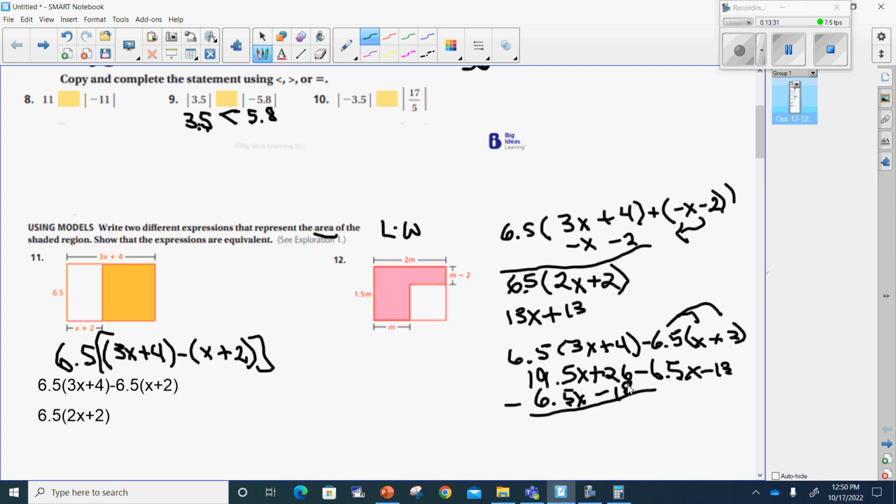This is going to give me, let's see, 8. Okay. Make sure I'm doing this right. Oh, I'm sorry. This was a 2 up here, wasn't it? And that's a 13. So this is not 18 at all. That should be 13. I apologize.